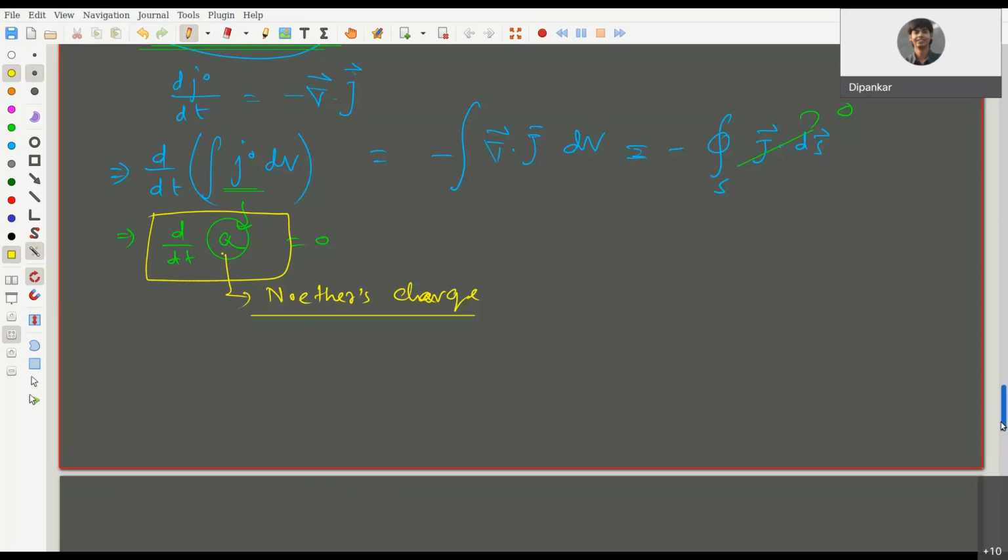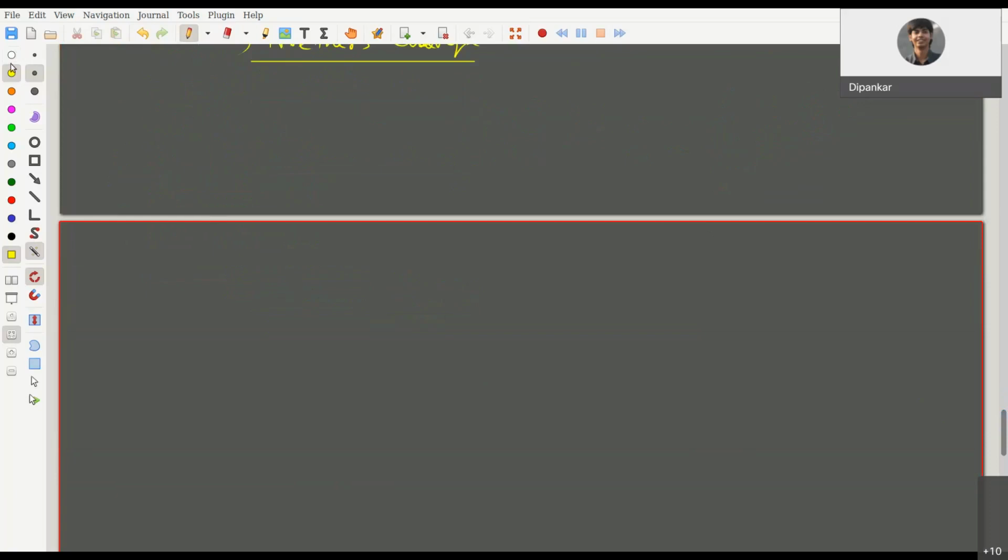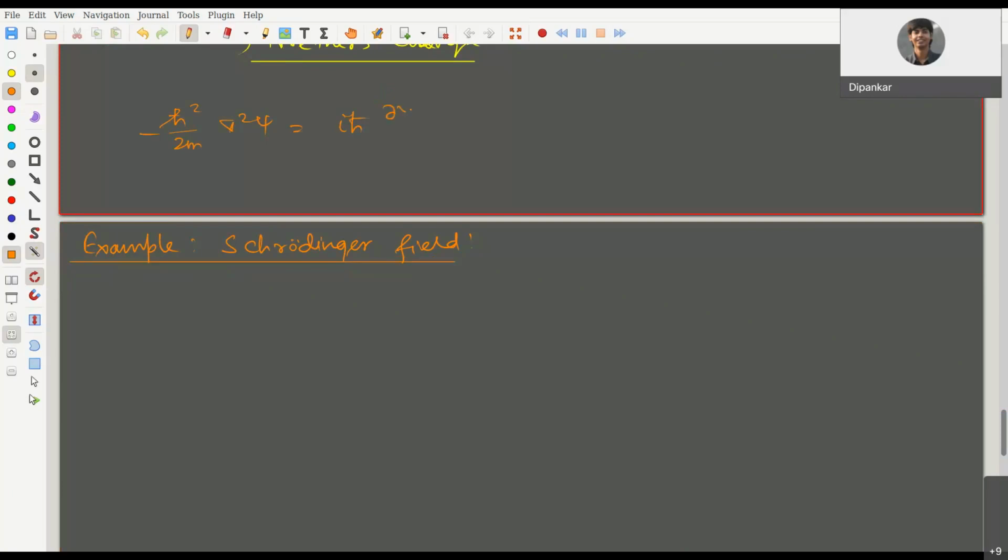Let me give you an example of the Schrodinger field. By the way, do you remember the Schrodinger equation, which is minus h bar squared over twice m del squared psi plus V psi equals i h bar del psi del t.